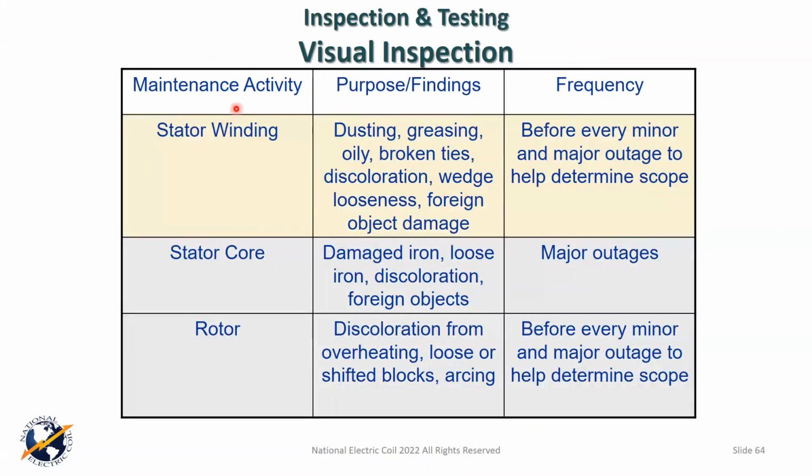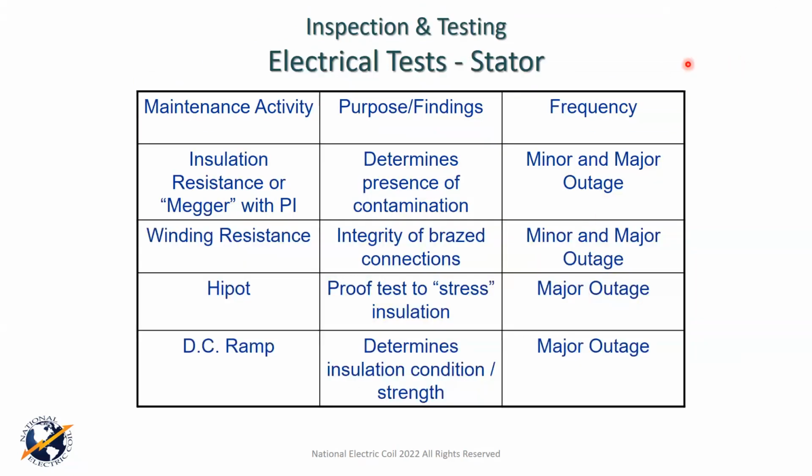but here's the visual inspection, stator winding, the core, the rotor, things you ought to be looking for. This is how often you ought to do it, okay? This is, why are you doing it? This is, again, electrical tests, inspection and testing on the stator. Again, the activity, purpose, findings, how often you ought to do it.